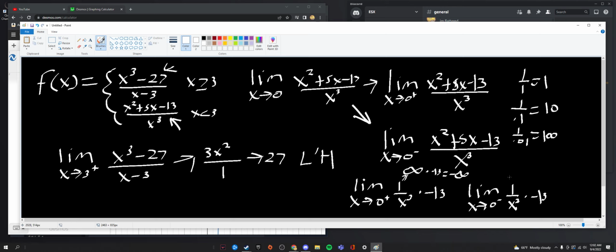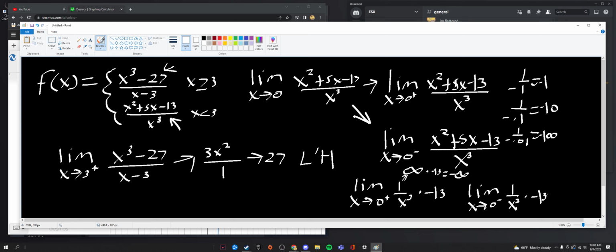But that does not spell good news for us, because if we approach 0 from the negative side, just add a negative sign to all these, we get negative 1, negative 10, negative 100. So it's evident that even though we're getting closer to 0, just from the opposite direction this time, we now have our values exploding to negative infinity, and positive and negative infinity are completely opposite of each other.